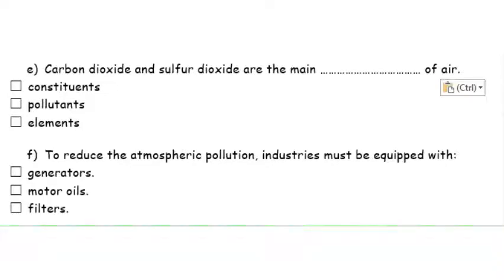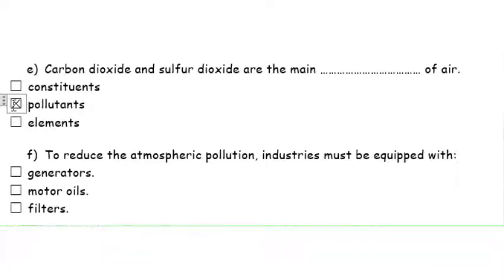Do you remember when we talked about acid rain? Yes, so CO2, carbon dioxide, and SO2, sulfur dioxide, are harmful gases. They are sources of air pollution, so they are pollutants since they pollute our air. Okay? So they are bad for our health and for the health of the earth.